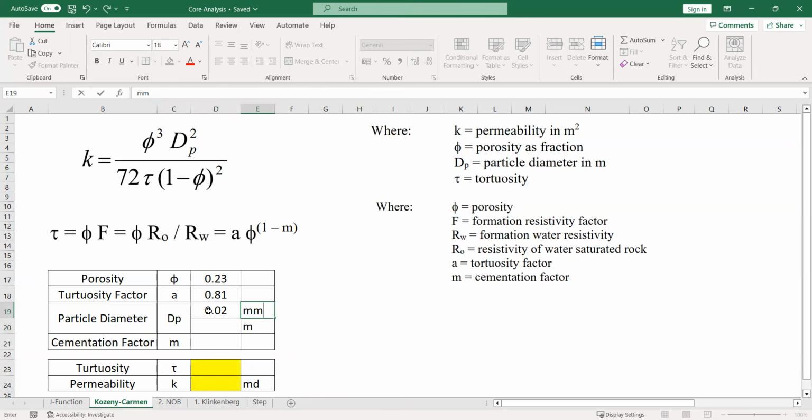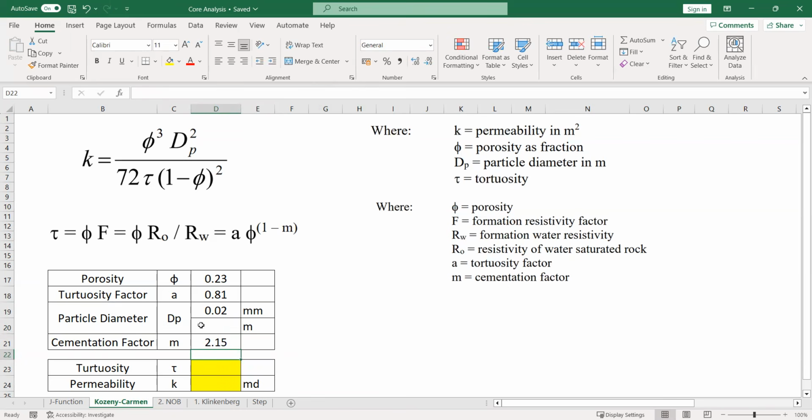I need to convert it to meter, right? But let's check another data that we have. Let's say cementation factor 2.15, and we need to estimate the permeability, right?